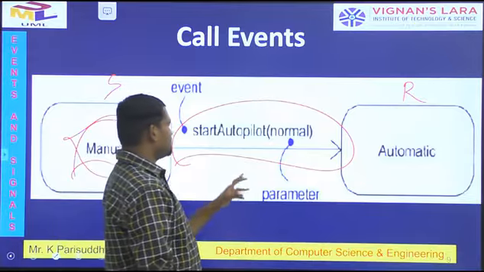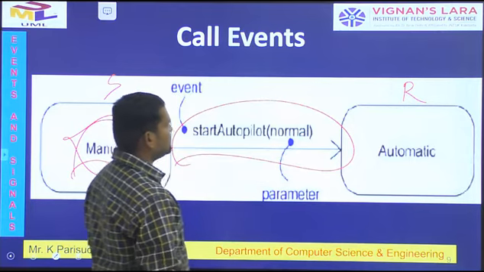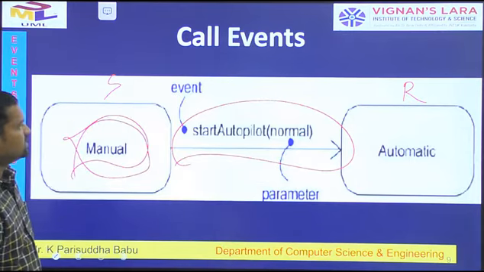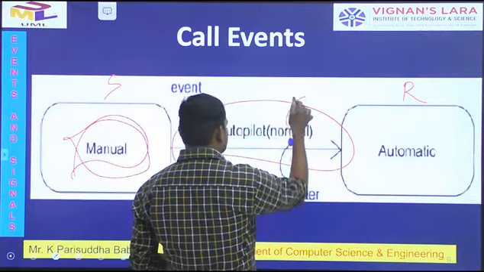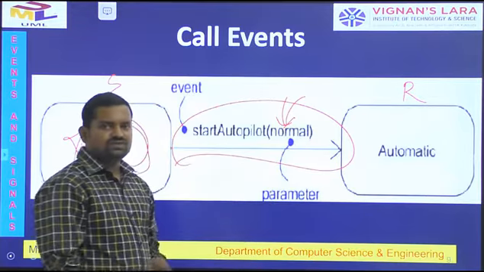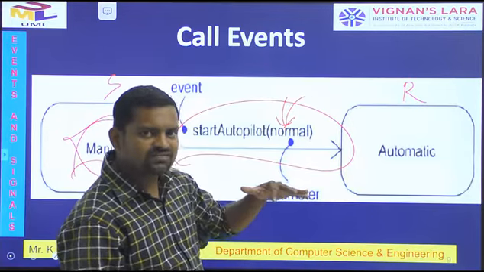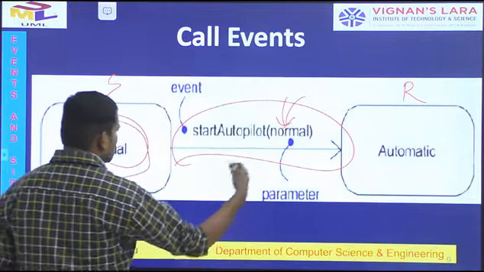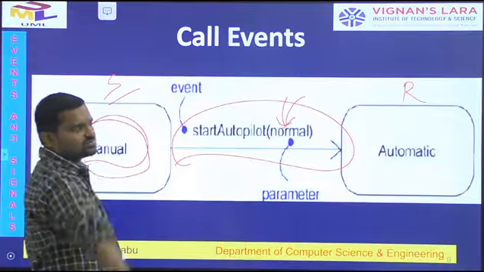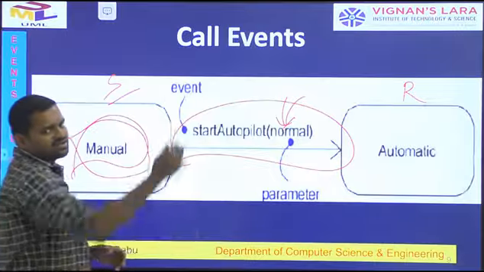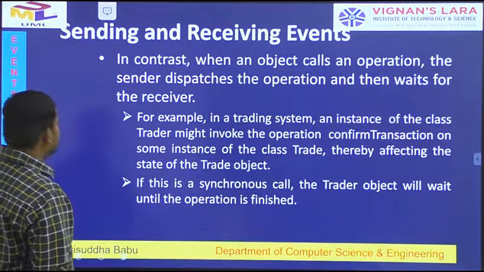That event is called start autopilot. The start autopilot call event operates some operation with the help of some parameters also. If you want, you may write some parameters in the call events. That is an operation sent from source to destination.